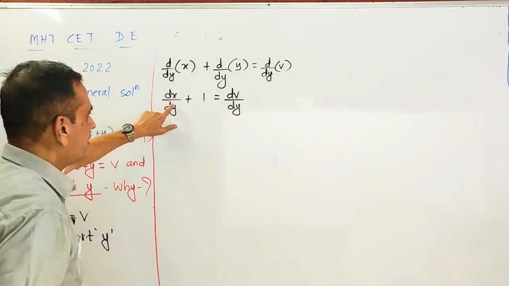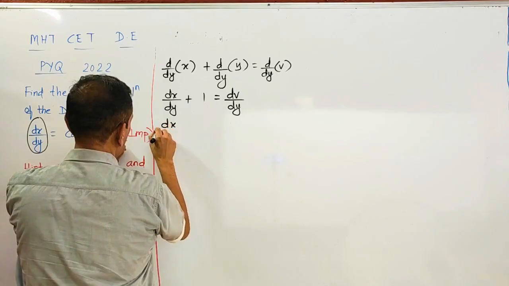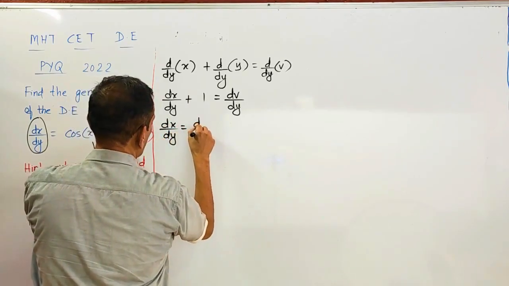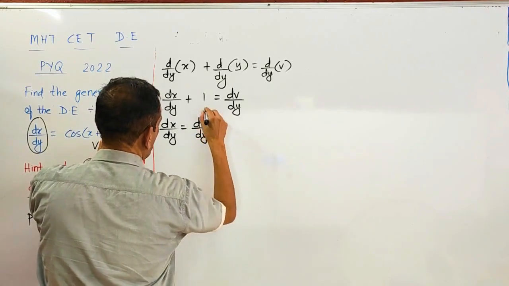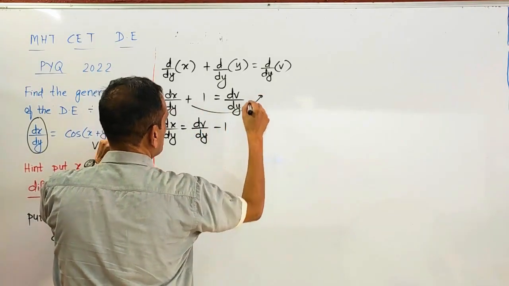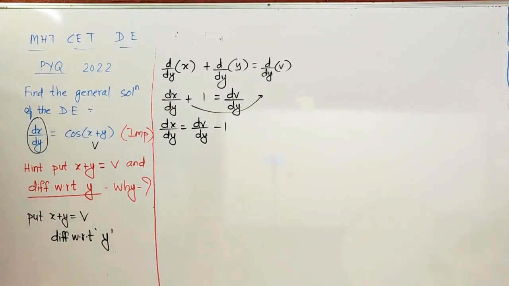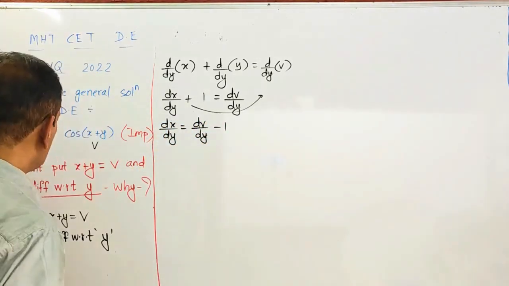So dx by dy equals dv by dy minus 1, plus 1 becomes minus 1. So just put that, let us make the substitutions now.